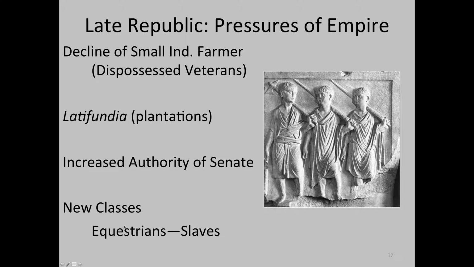So the patricians were happy to let the equestrian class have a monopoly on these new professions. So definitely, because the equestrians are supplying contracts for the war, manufacturing arms, supplying the army with food, their economic power rose.